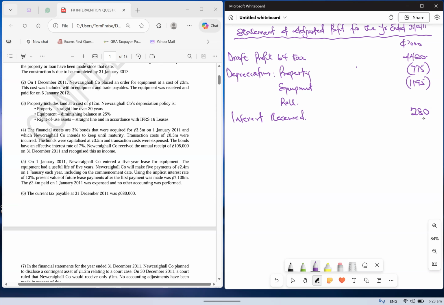So this one that they recognized should be corrected. They rather added that one as the income. So let me call this one the effective interest so that you will know. Effective interest or unwinding interest.